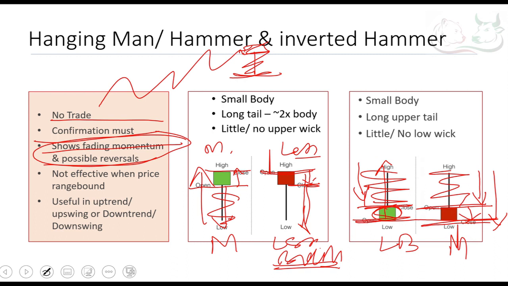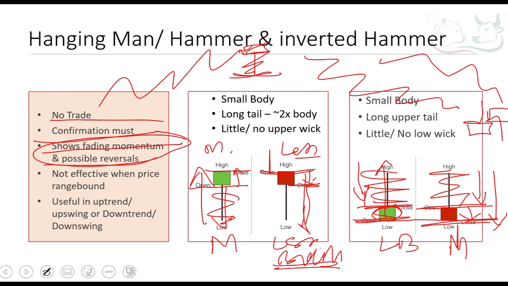Similarly, if price is coming down and then a hammer appears here, that means the selling pressure is now absorbed, and there is a possibility that momentum is fading. It can be this or this, or a combination as well. So this is how we read it.